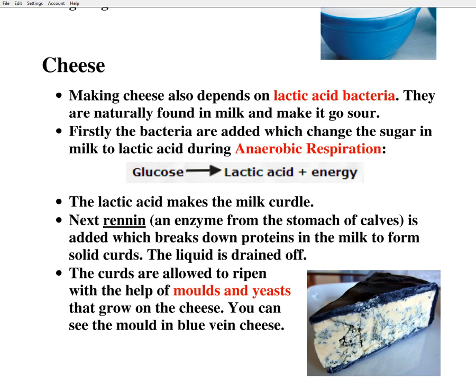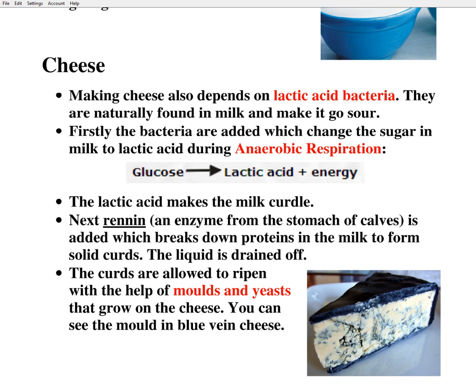But if you're a fan of brie or camembert, that's actually ripened with a mold that grows on the outside of the cheese. So the white stuff on the outside is, I believe, a combination of mold and wax. It's been covered in wax often too. So again, molds and yeasts can be important in the cheese making process and make some really excellent cheeses that have some really nice flavors to them.